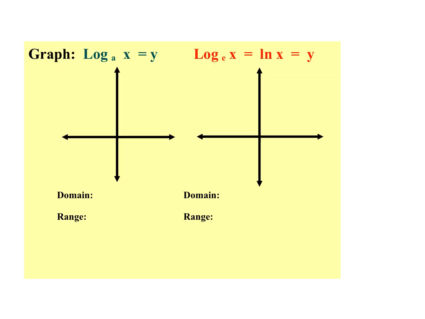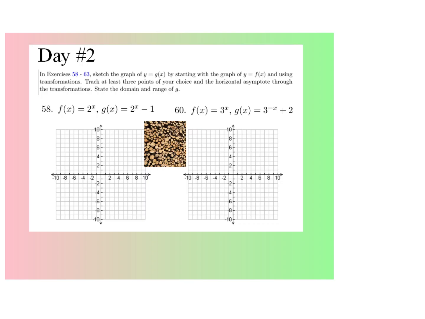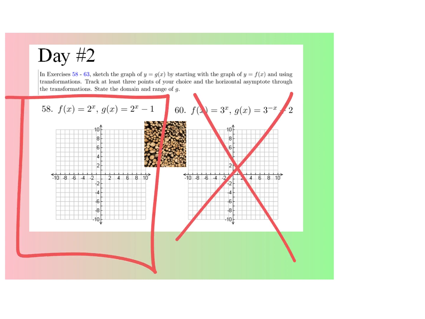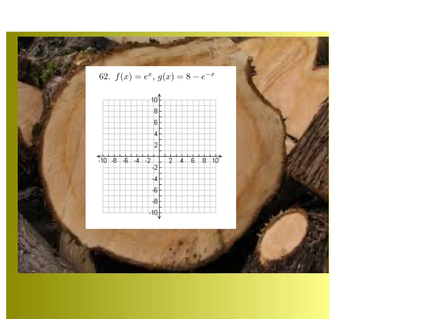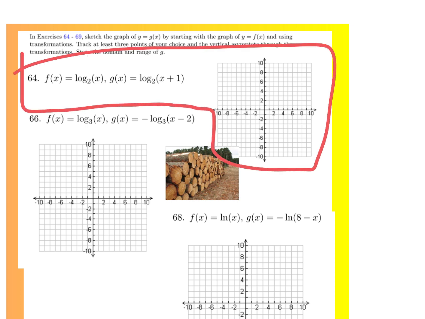On to actual homework. Let's get there now. It looks like this. I recommend that you do this problem and skip that problem. I recommend that you skip this problem. I recommend that you do the first one here and that you skip these 2.